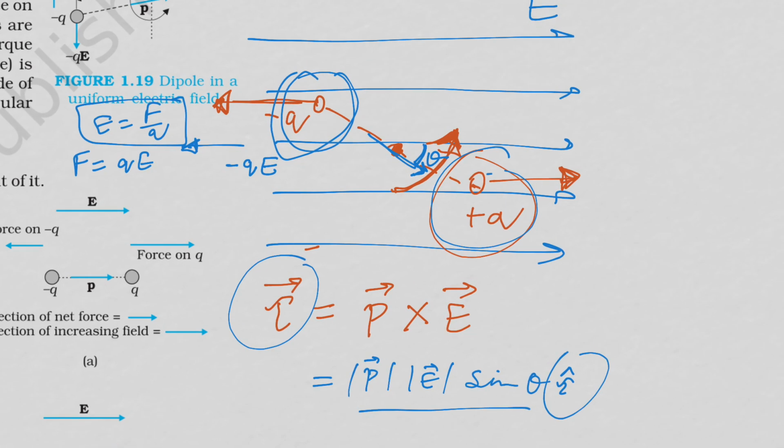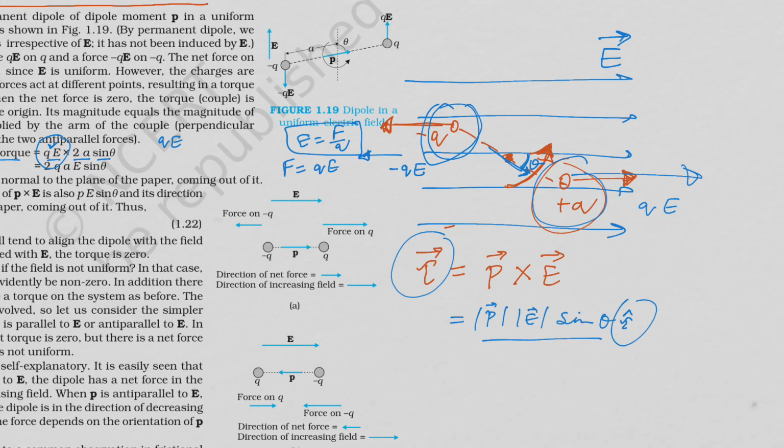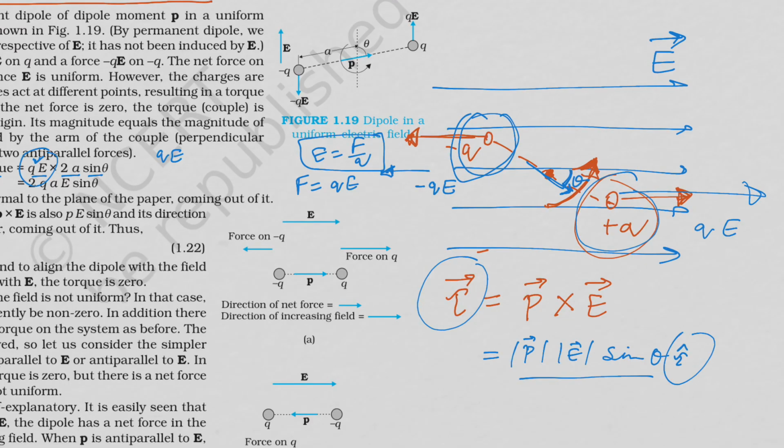On the positive charge, this force is Q into E. Since the forces are at different points and these two are actually complementing each other, supporting each other, that's why we'll add these forces, and that's why this force is covering two perpendicular distances here and here, okay, and that's why A sine theta is the element included in it.